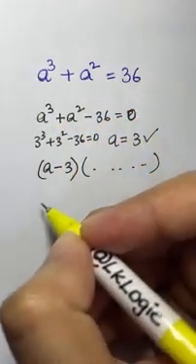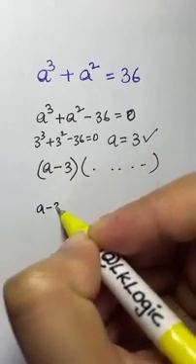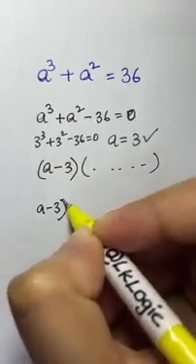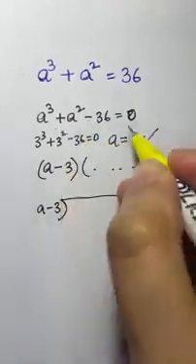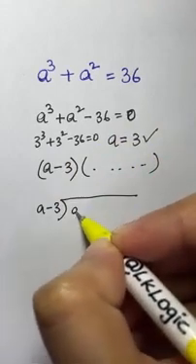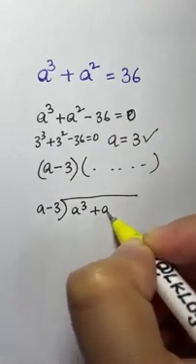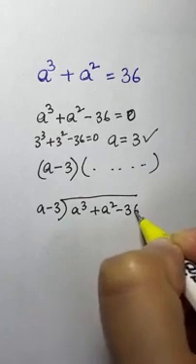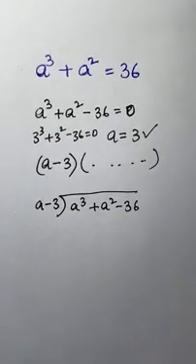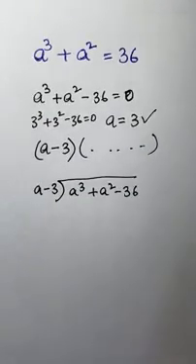So we have a minus 3 dividing the equation a cube plus a square minus 36. How do we divide algebraic equations? It's simple. It's like normal division.